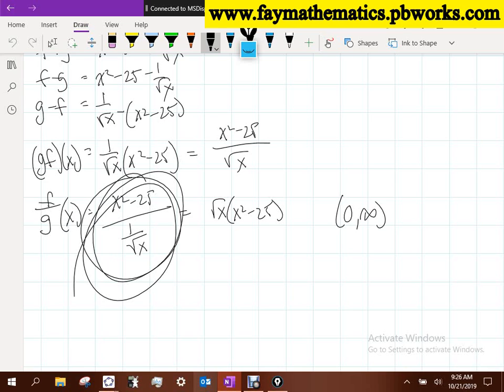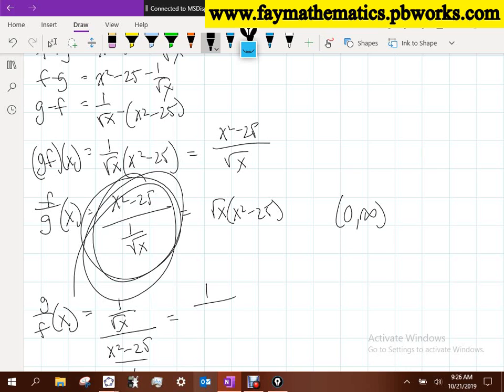Is that okay? All right, so now if I do g divided by f, and this is the one I really wanted to get to. G divided by f of x is going to look like 1 over root x divided by x squared minus 25, right? Well, same thing, I'm going to multiply by that reciprocal.